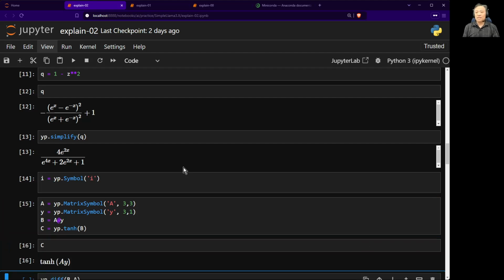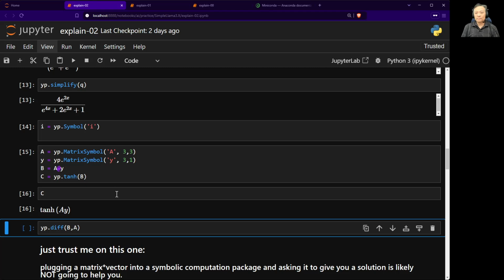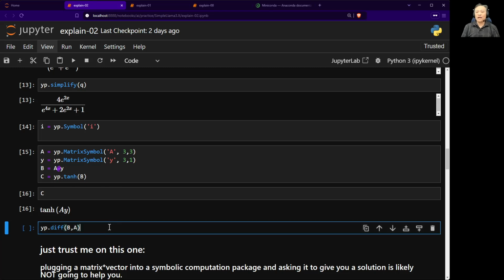Now here's a very simple neural network. It just has three by three, and the input y is a 3-element vector. Now we want to ask SymPy to differentiate it with respect to a.